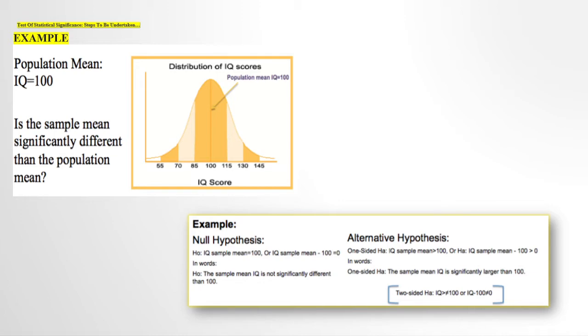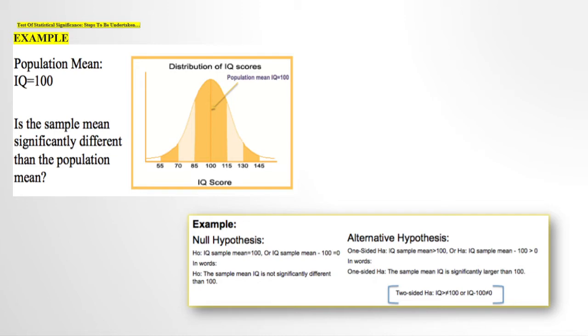We start by assuming our null hypothesis H0, which states that the IQ sample mean is equal to 100, or IQ sample mean minus 100, the value of the population mean, has to be 0. So as per H0, the sample mean IQ is not significantly different from 100, the population mean.